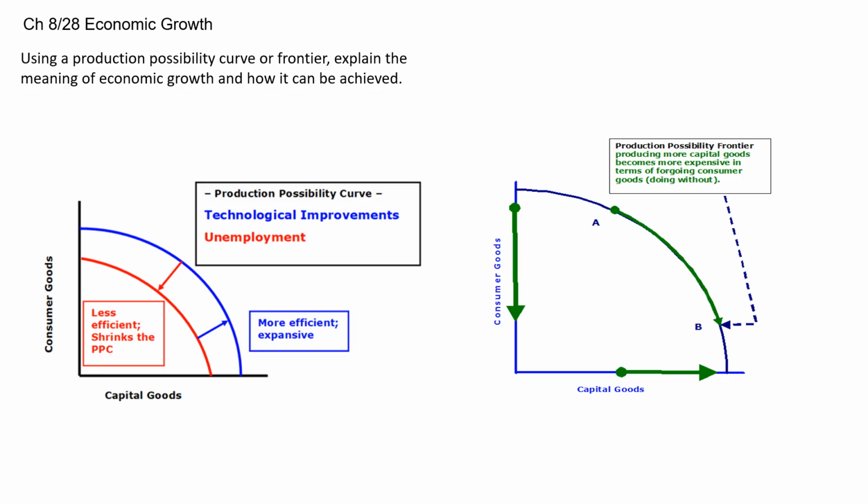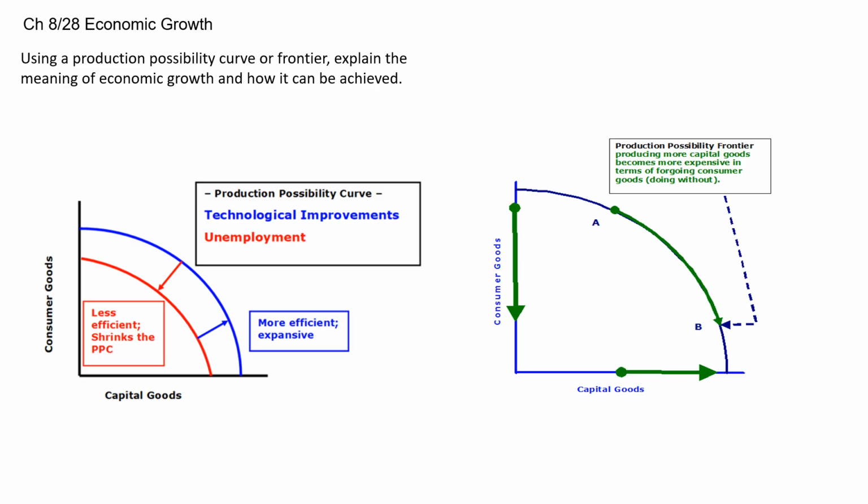Remember, capital goods are like robots and automated equipment, automation. And the reason we do that is so that we can do what? Produce more consumer goods down the road. But in order to produce more capital goods, we would have to forego some consumer goods in the meantime. So there's opportunity cost involved, of course.